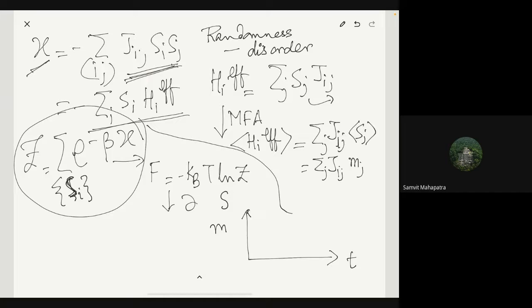When I am in equilibrium, of course, the magnetization would have a time independent value. But suppose I prepare this system in some initial microstate which is not in equilibrium, and I ask, how long does it take to go to equilibrium? We touched upon these issues while discussing ergodic theory and so on.